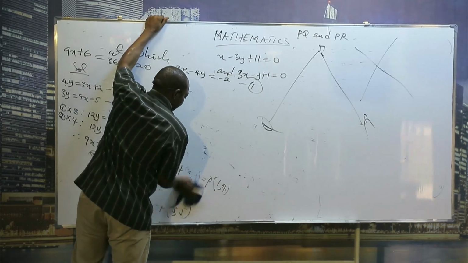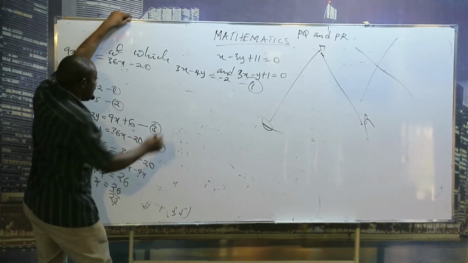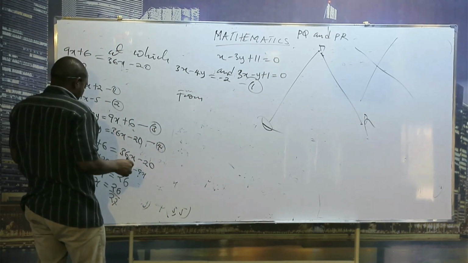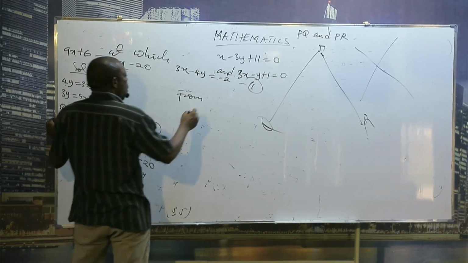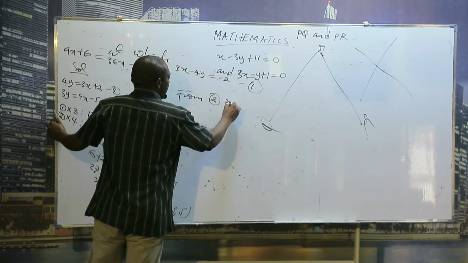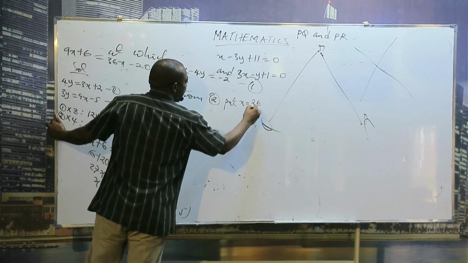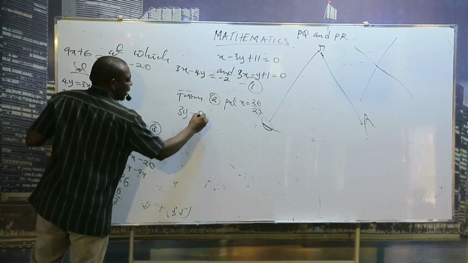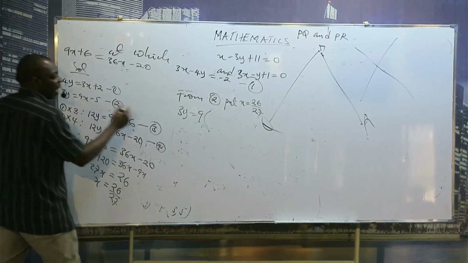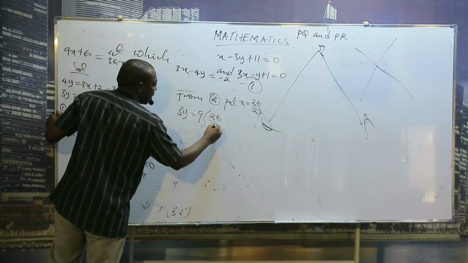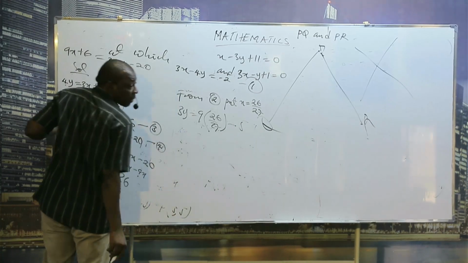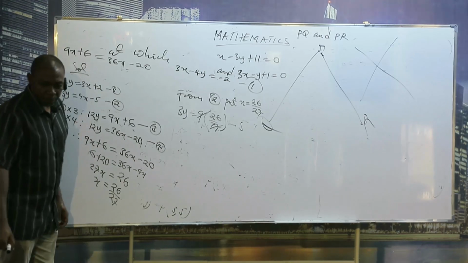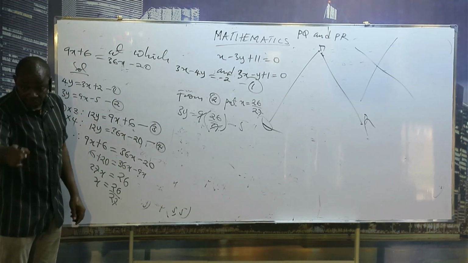Then we move from where? From equation 2. Put x to be what? 26 over 27. 3y, 9 into x, 26 over 27, minus 5. Can 9 cancel 9 here? It is 3.